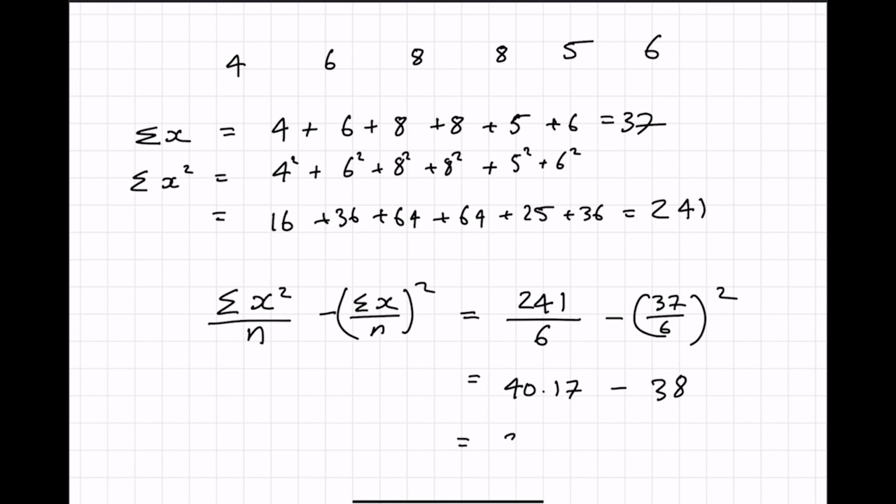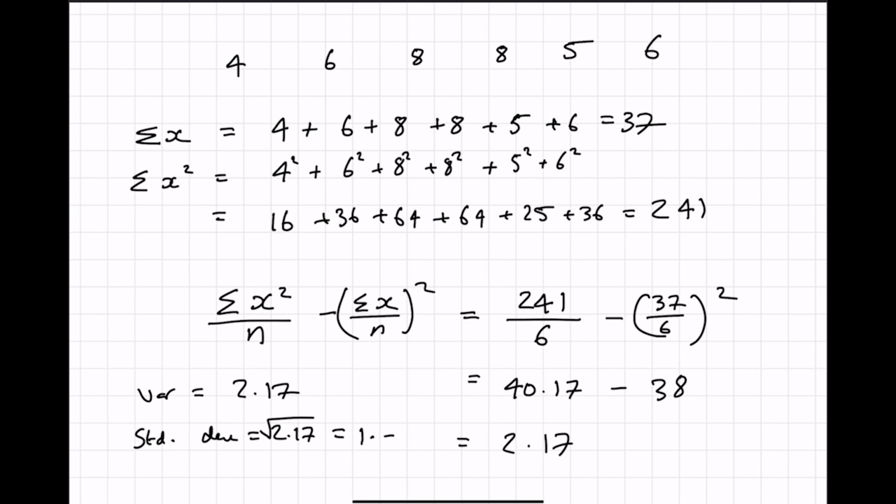So looking at that, we get 2.17 as our variance. And so our variance is 2.17 and the standard deviation is just 2.17 square rooted, whatever that would give you. And yeah, whatever that gives you would be the answer to this one over here. I guess I might as well just do that. So 2.17 in my calculator, that's about 1.47.